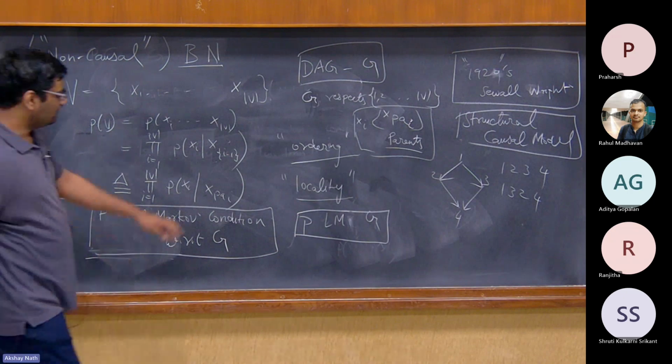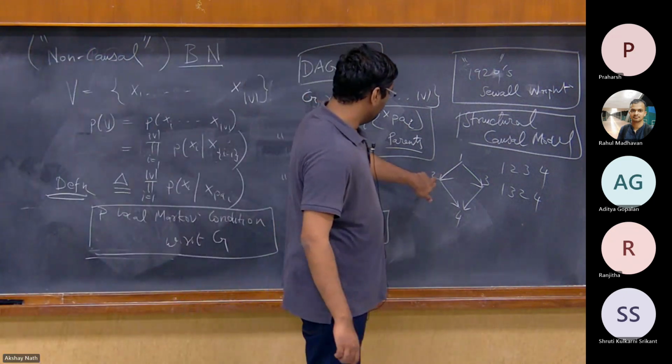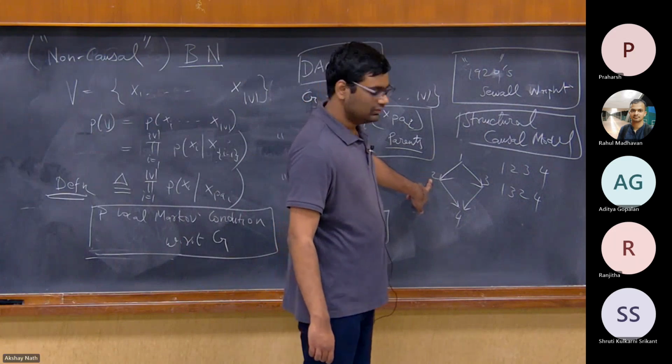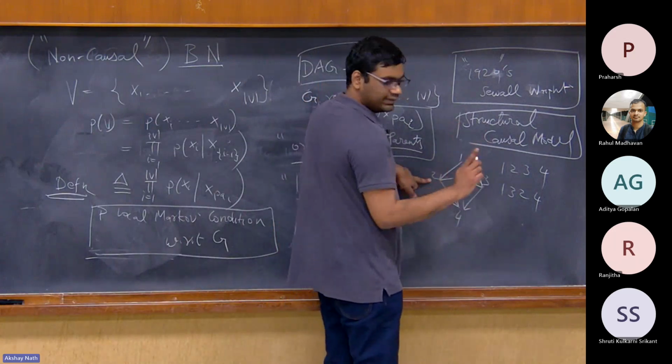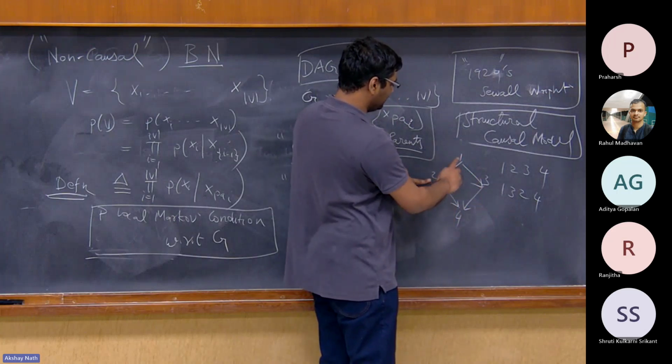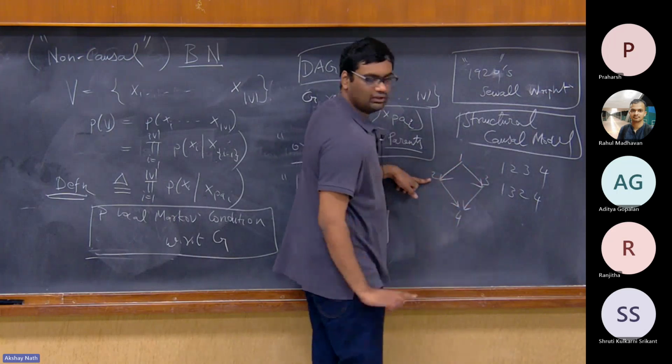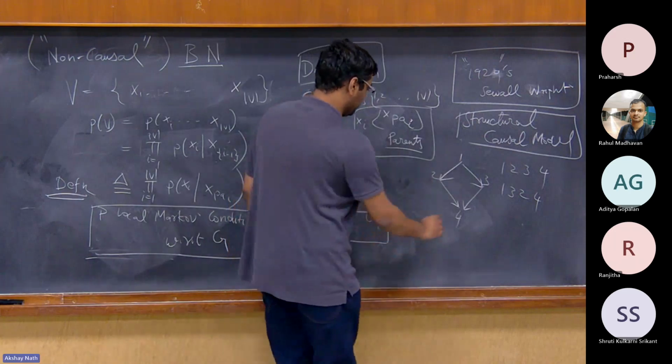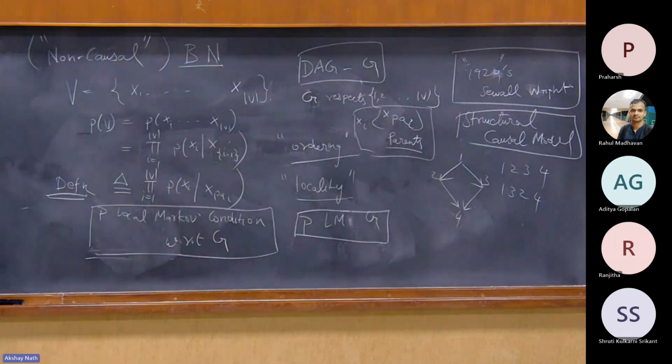Okay, so let's go to this graph. 2 is the variable I care about. 3 is a non-descendant. All I'm saying is that 2 conditioned on 1 is independent of 3.